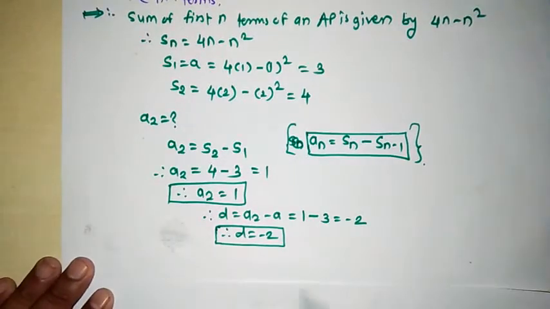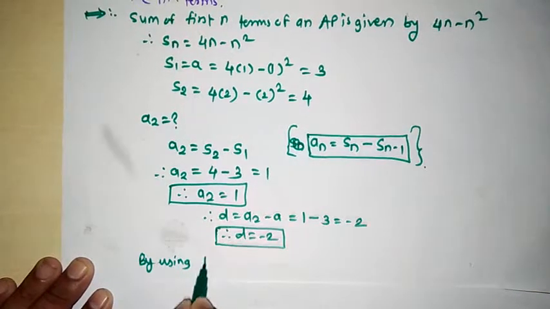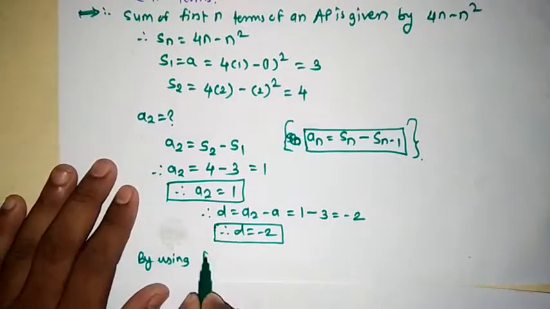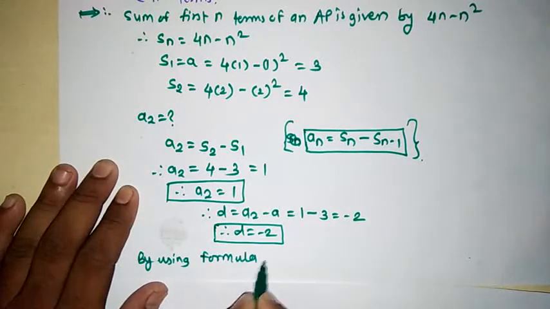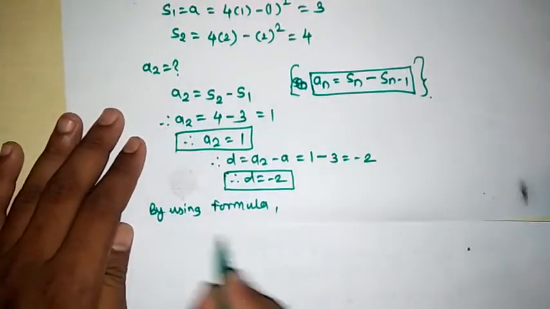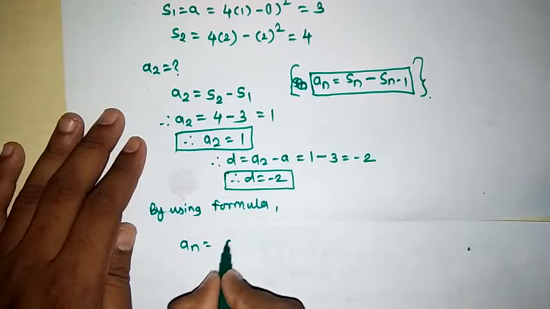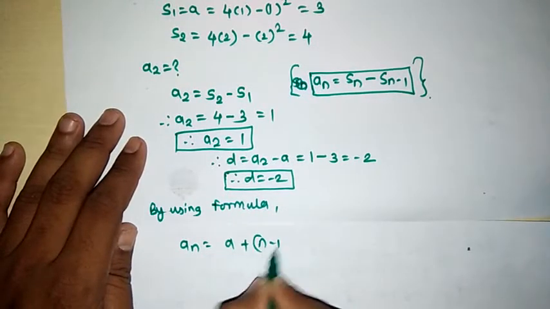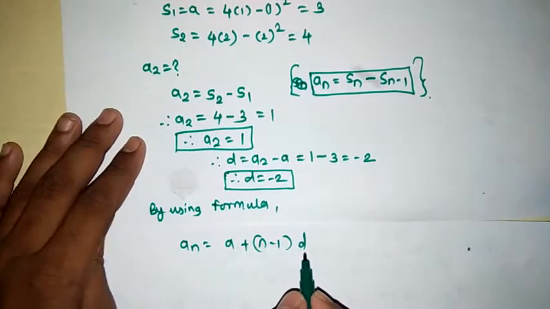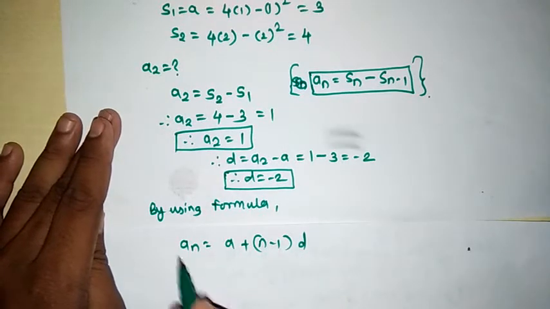By using the formula an is equal to a plus n minus 1 into d, we can easily find the value of the third term.